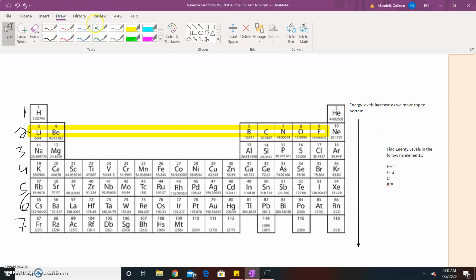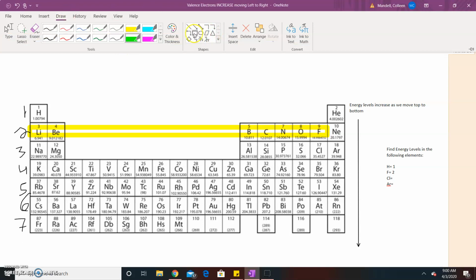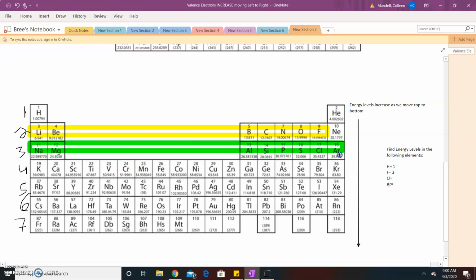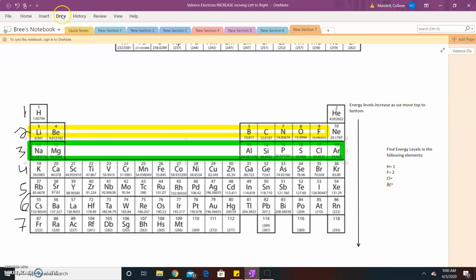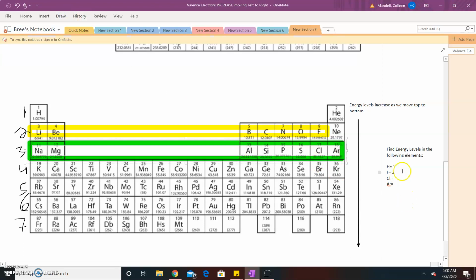Just to make that even more clear, I'm going to put a little box, going from the 3 over to chlorine and argon. So you can see that both of those are present in that third period, which means they both have 3 energy levels. So hope that helps. Let me know if you have other questions.